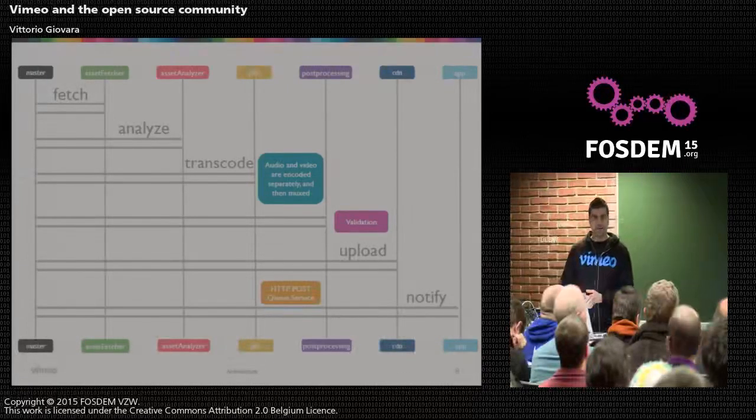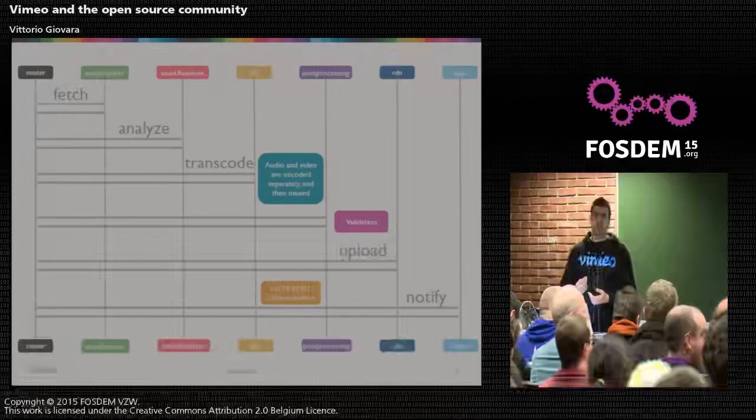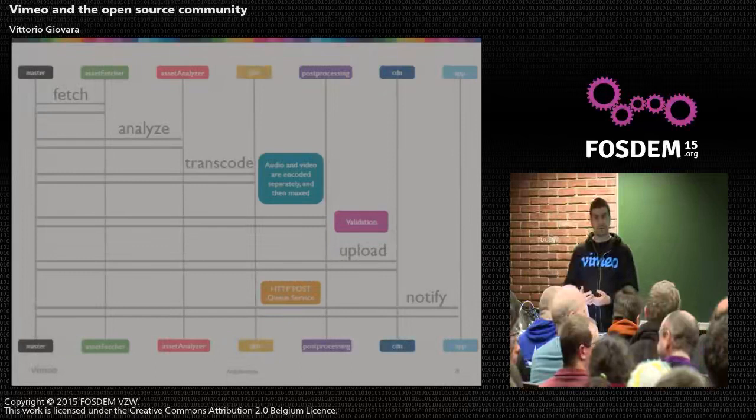We have the asset analyzer, which is a collection of ffprobe, MediaInfo and others, which take the file and perform some image color space analysis. We have FFMS2 also for frame rate analysis and indexing.